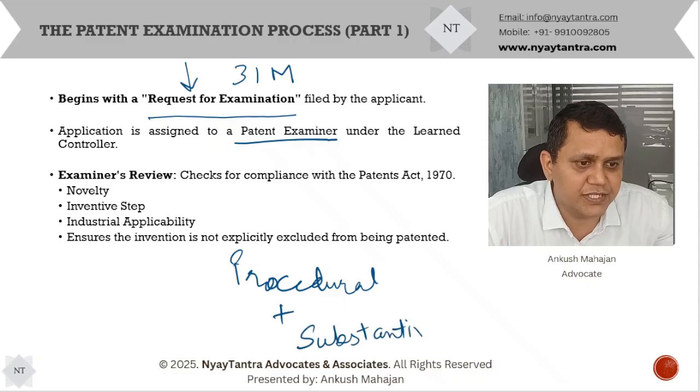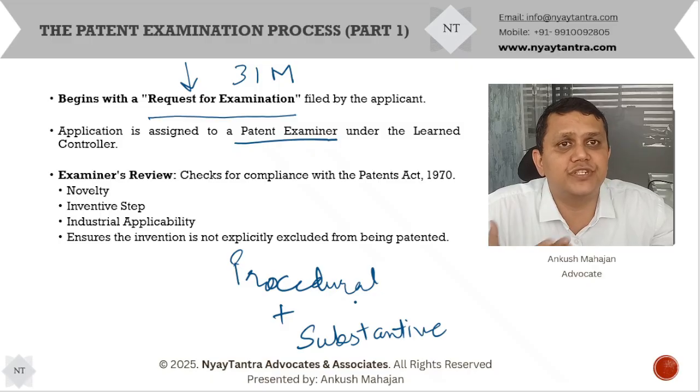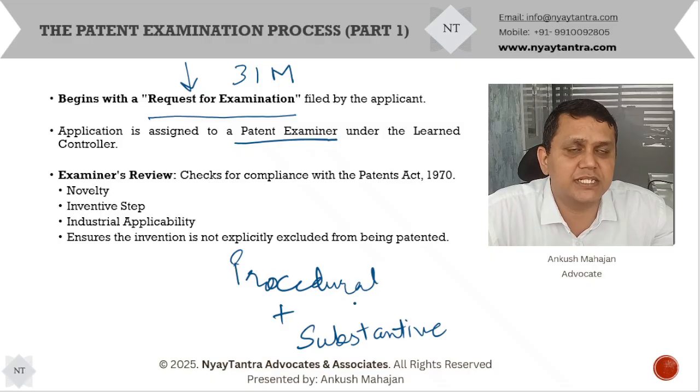In the procedural aspects, let's say Form 1, there may be certain objections like the power of attorney was not submitted in time, or Form 1 was not submitted in appropriate time.